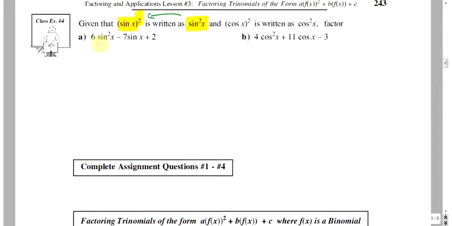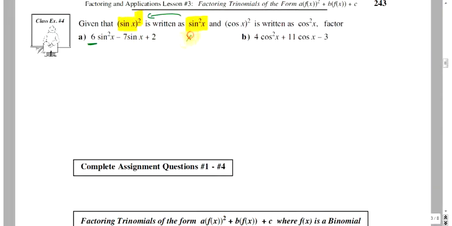So I have 6 sine x squared minus 7 sine x plus 2. Was that the same as last day, 6x squared minus 7x plus 2? It was. And if that doesn't confuse you, then fine, you're not going to make a substitution. So I will do it that way first. A is not 1, so we're going to want to do this by decomposition, okay?